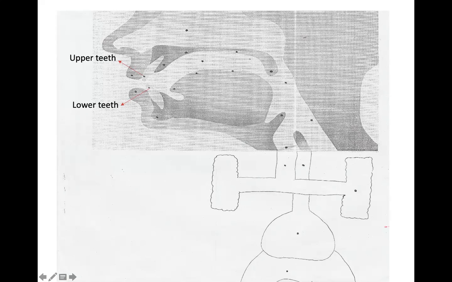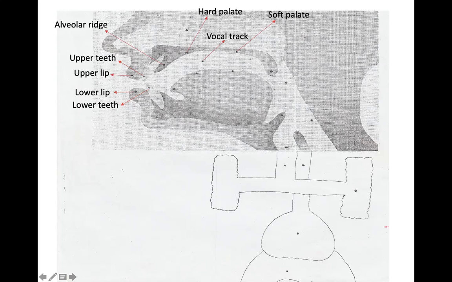Acá estoy pasando muy rápido, chicos, porque esto ya lo hemos trabajado varias veces, pero simplemente es como para que recuerden ustedes y vayan allí internamente recordando la pronunciación. So lower teeth, lower lip, upper lip, alveolar ridge, hard palate, soft palate, vocal tract, nasal cavity.